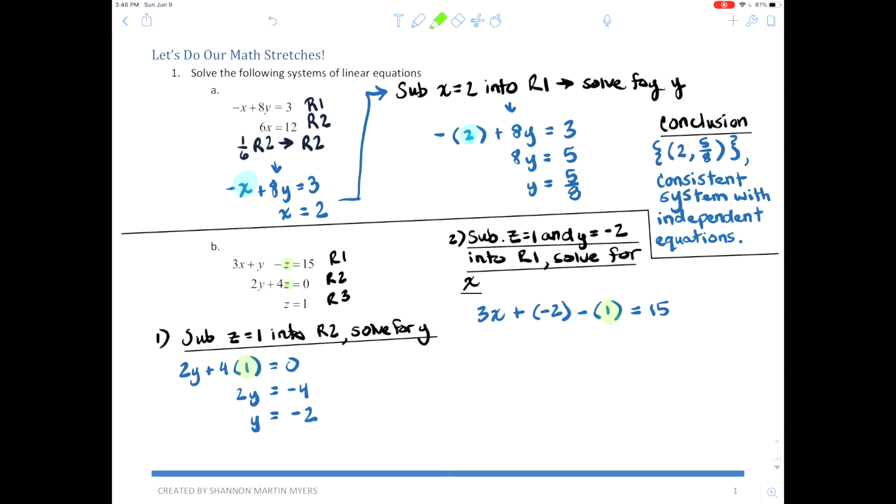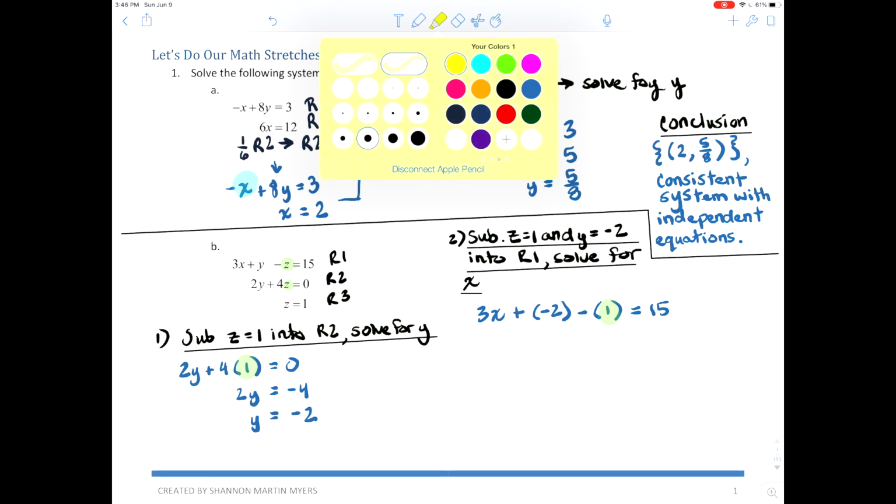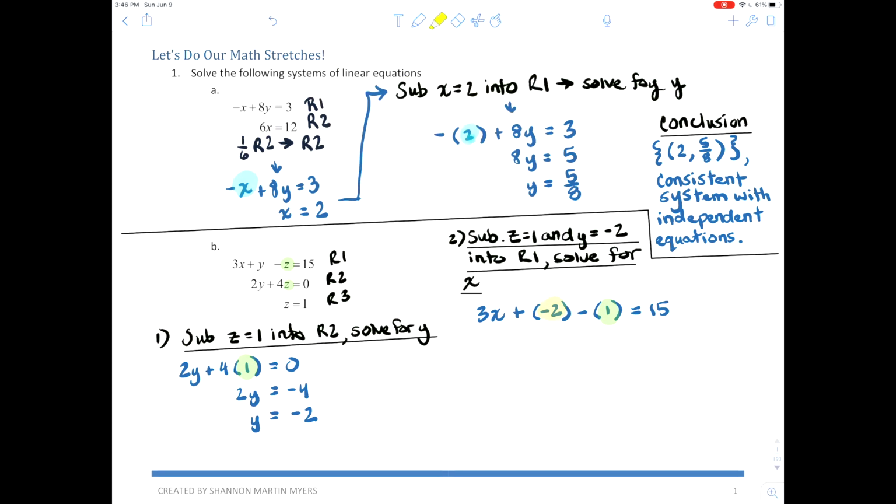Alrighty, so here was our z. We got the value for y on this step over here, our last step, and then we'll have what? 3x minus 3 is 15, and so then 3x will be equal to, adding 3, we'll have 18, and then x will be equal to 6.